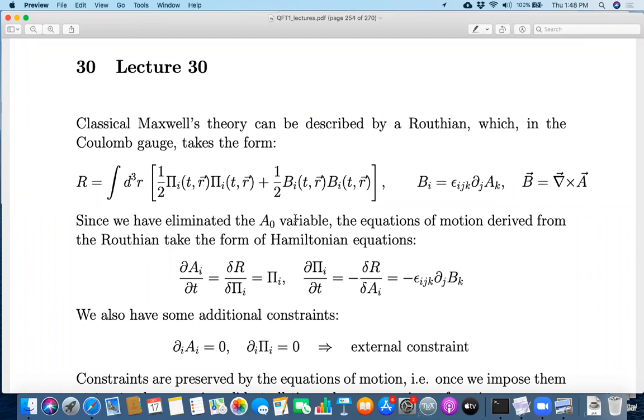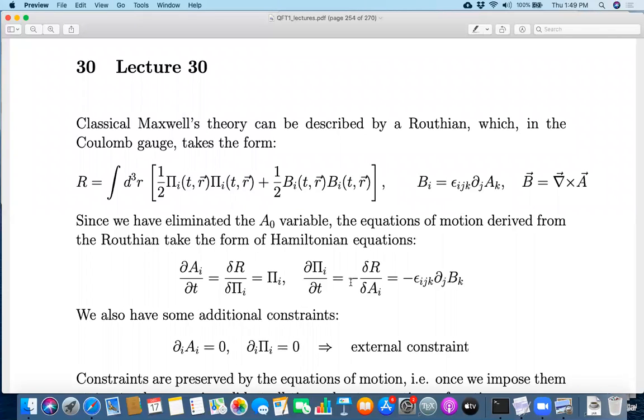And because we have eliminated the A0 variable, now the Rauthian essentially acts like a Hamiltonian. Because as far as the pi_i's and A_i's are concerned, the Rauthian is like a Hamiltonian. So the equations of motion derived from the Rauthian take the standard form of Hamilton's equations, namely del A_i del t is equal to the functional derivative of R with respect to pi_i, which in this case happens to be pi_i itself.